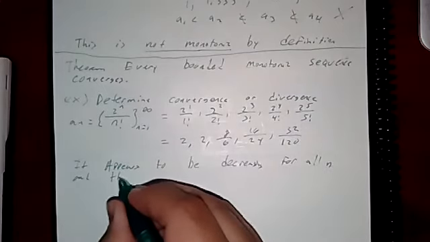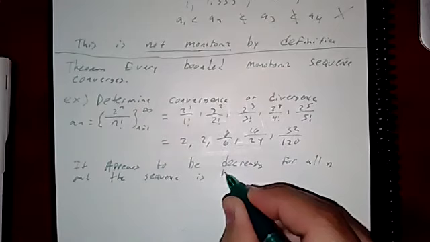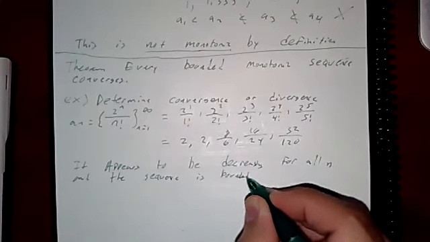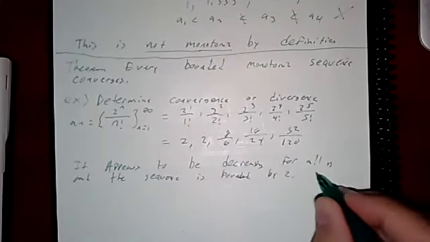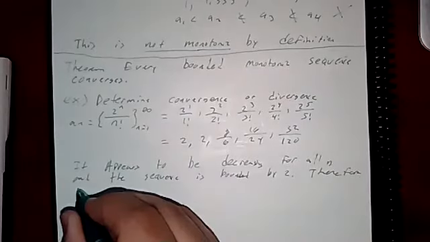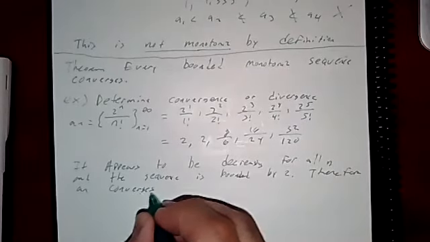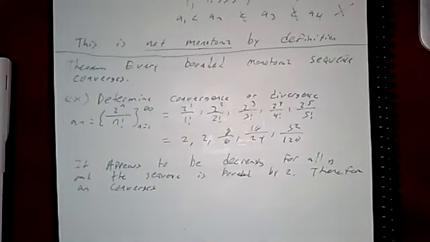And the sequence is bounded by 2. Therefore, a sub n converges. But we need to show that it actually decreases. We need to prove it, right? But it appears like this is true.